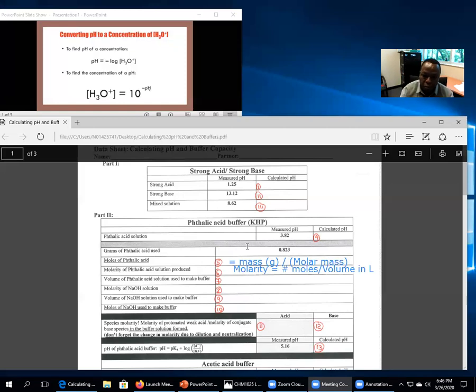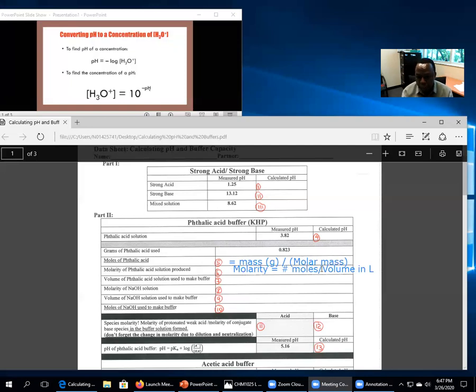Whatever we have as the starting number of moles, we should convert half of the number of moles into the number of moles of the conjugate base by adding a strong base, in this case, sodium hydroxide.